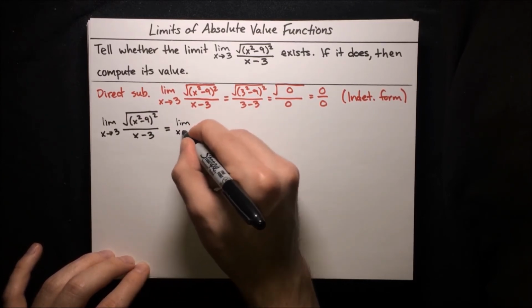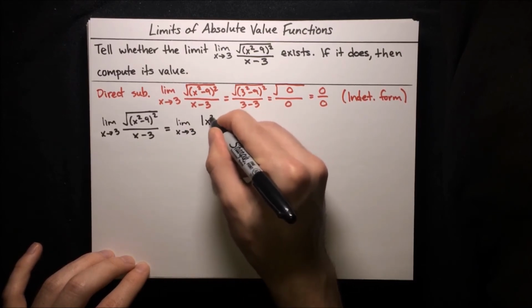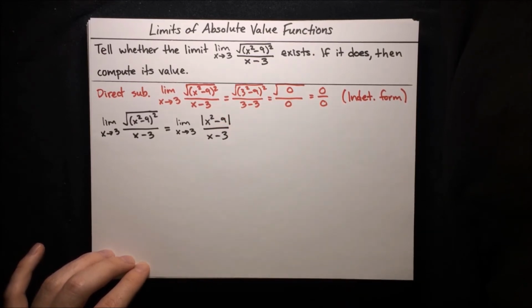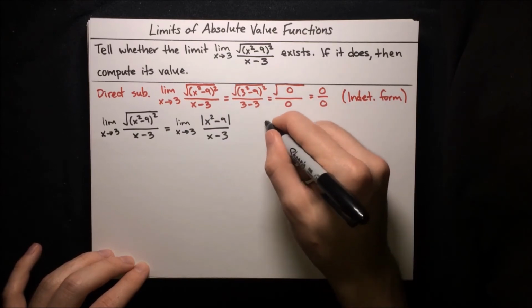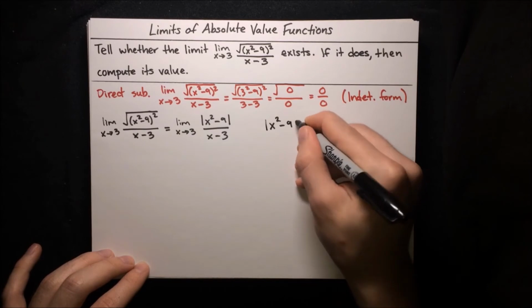So limit as x approaches 3 of absolute value of x squared minus 9 over x minus 3. And now to continue simplifying this, we have to write down the piecewise expression for x squared minus 9.